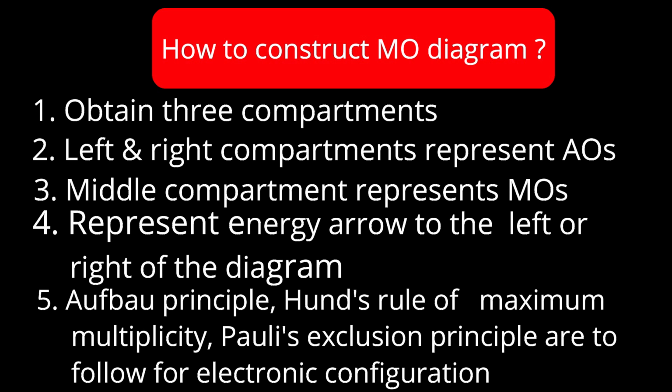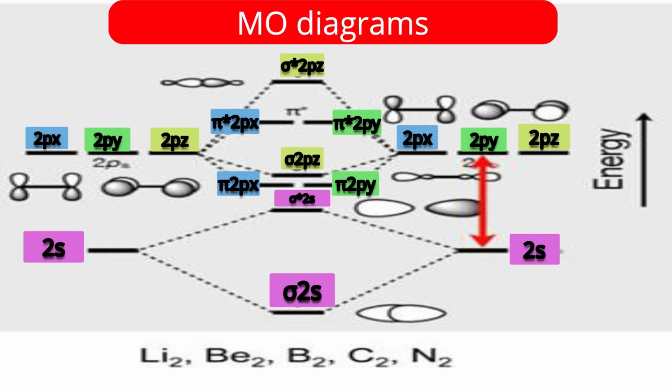Let us see one by one. This is one kind of molecular orbital diagram applicable for diatomic homonuclear molecules from lithium to nitrogen. That means for lithium, beryllium, boron, carbon and nitrogen, we follow this MO diagram.